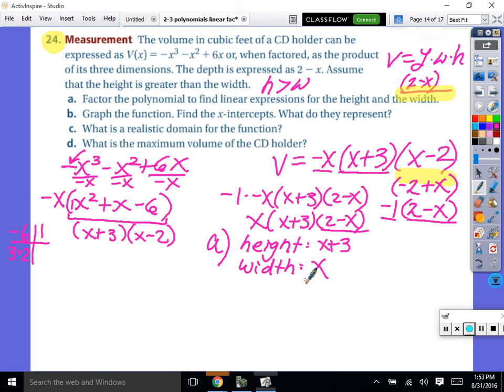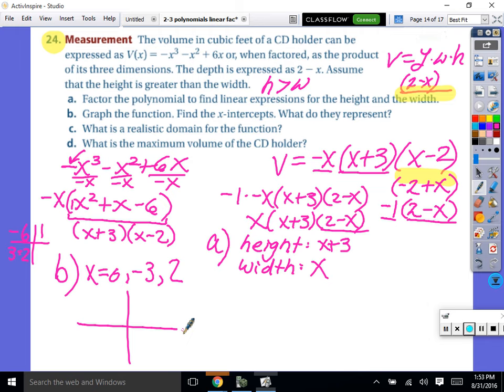Let's answer B. It says graph the function, find the x-intercepts. Well, don't we already know the x-intercepts? These are the factors, right? Yeah. So the x-intercepts are going to be x equals 0, -3, and, hey, graph it on your graphing calculator, just to get an idea here.